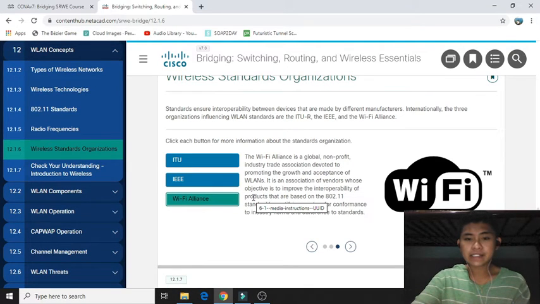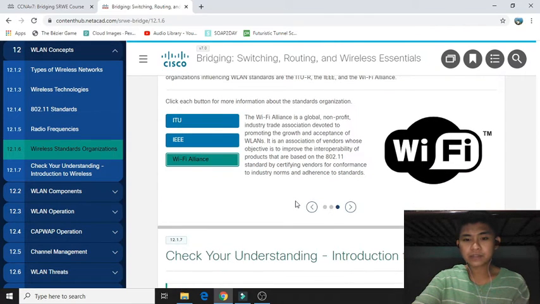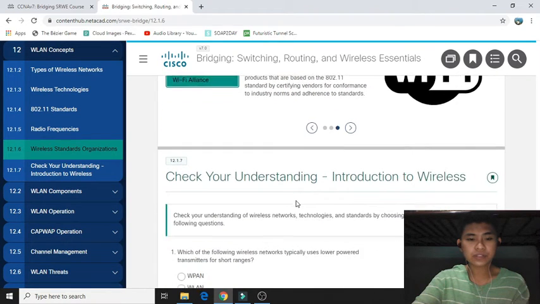The Wi-Fi Alliance is a global, non-profit industry trade association devoted to promoting the growth and acceptance of wireless LANs. It is an association of vendors whose objective is to improve the interoperability of products that are based on the 802.11 standards by certifying vendors for conformance to industry norms and adherence to standards.